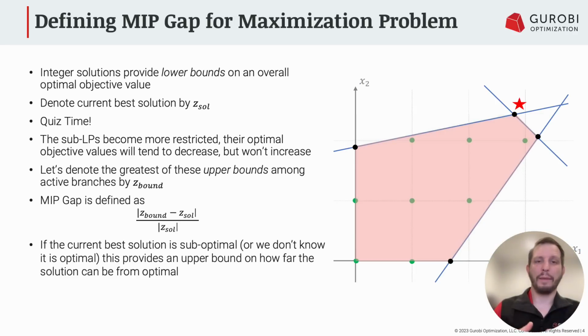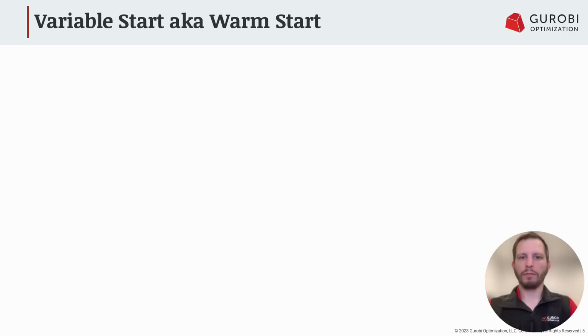So if this MIP gap is, say, 0.05, that means that we are no more than 5% away from optimal, which is a nice thing to know. It also provides a useful stopping criteria for what could be good enough for our problem. So that's how MIP gap can help you understand where solutions are relative to potential optimal, and how it can provide a stopping criteria that says, okay, maybe we're good enough and the solution that we have is fine.